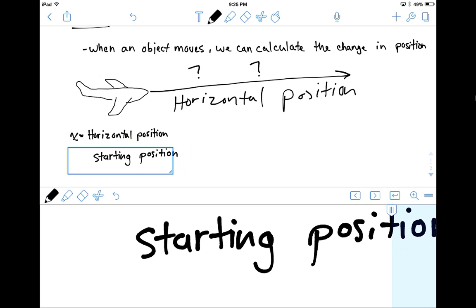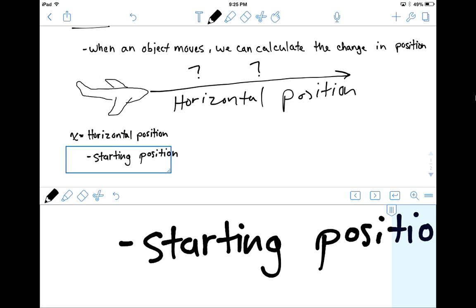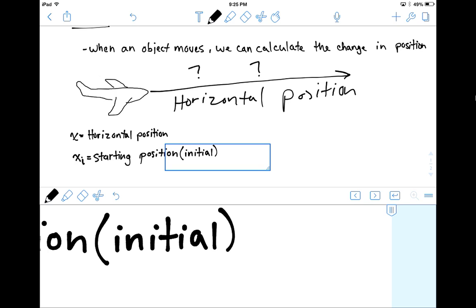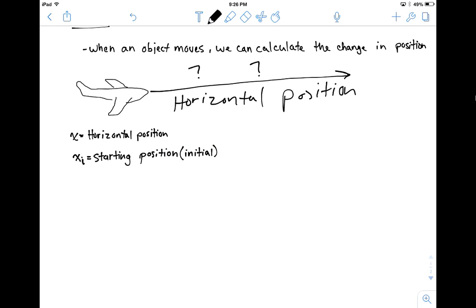And we need to assign a variable to that. That's why I left a little space. So our starting position, the way we're going to do that is we're going to call it x, because it's position, but we're going to put a little i on it, okay? And here's what that i stands for. That i stands for initial. And if you look up initial on your computer, which you are certainly welcome to do, the meaning of the word initial means starting or at the beginning.